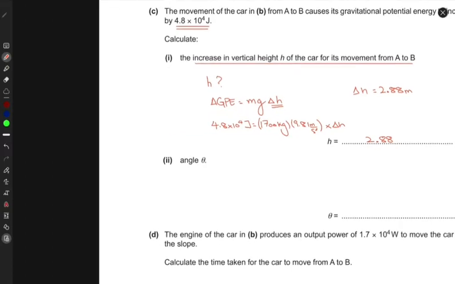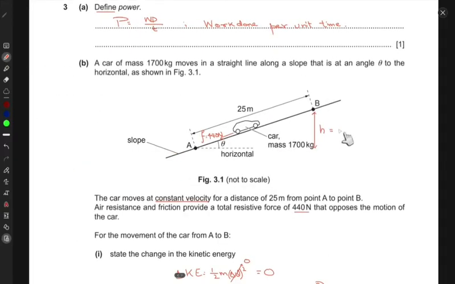What about the angle theta? If you look at this, now you know this value h, which is 2.88 meters, and this forms a triangle, something like this. And you know this distance as well. So this forms a triangle where you know the distance and the height, and you want to compute the angle theta. In this case we can use sine. So sine theta is equal to 2.88 divided by the hypotenuse, 25.